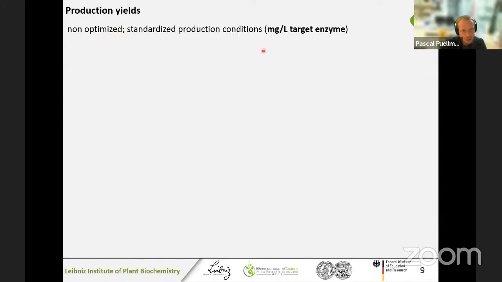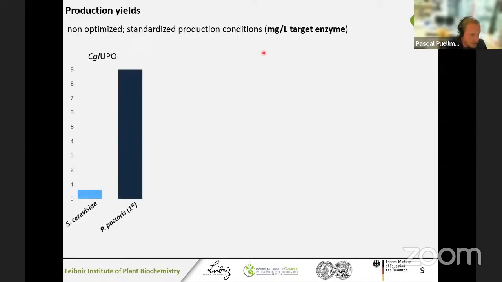Now I'm going to show you 4 examples which I found quite striking, always in milligram per liter of target enzyme. The first thing we tested was CGL UPO. This one was reported to not be producible in prokaryotic systems. We were able to produce a bit in Saccharomyces, not too much, but already when transferring it to Pichia pastoris, we could get up to 9 milligram per liter.